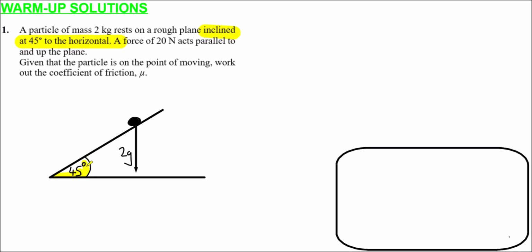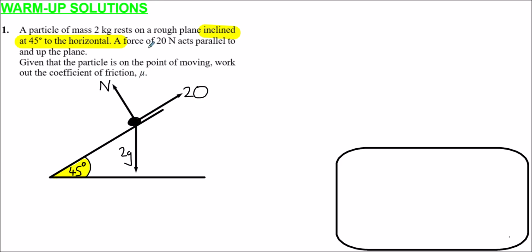And we're also told here that a force of 20 newtons acts parallel and up the plane. So this particle is being pulled upwards in this direction by a force of 20 newtons. Okay, as well as that, there'll also be a normal reaction force, which will be perpendicular to the plane. I'm going to label that N, which stands for normal reaction.